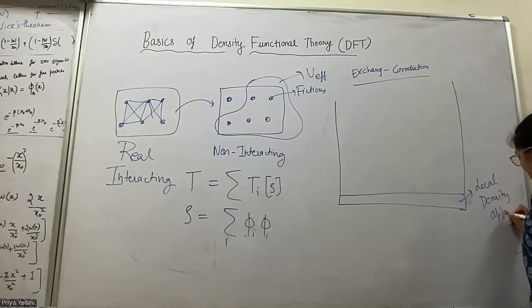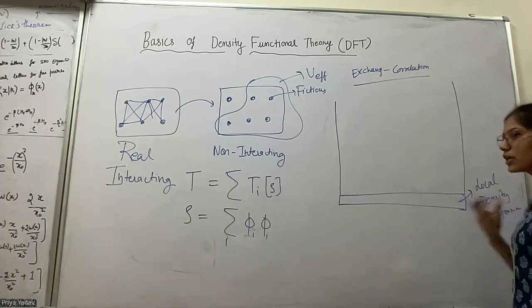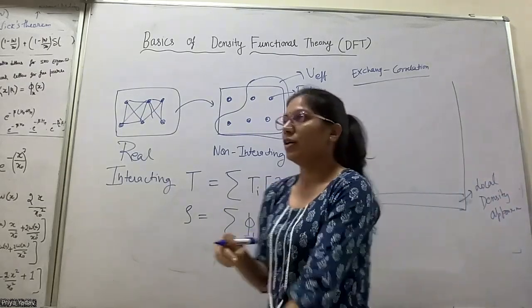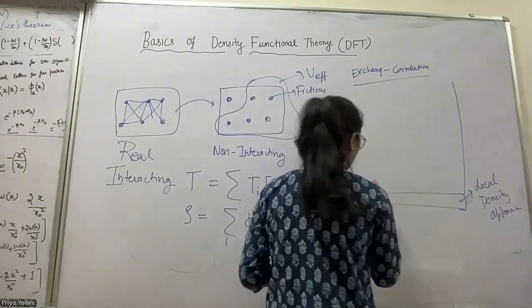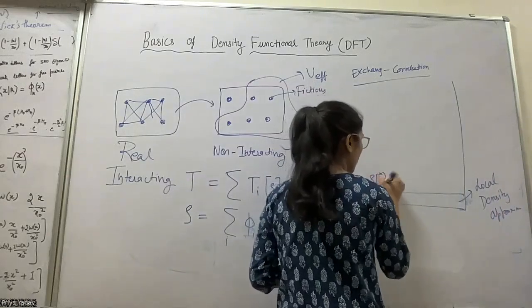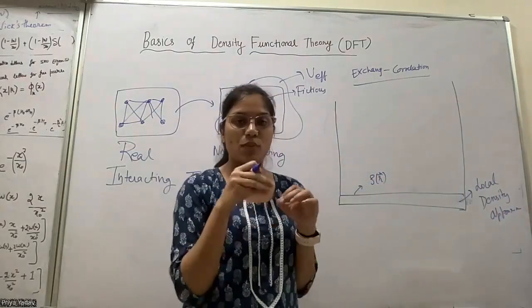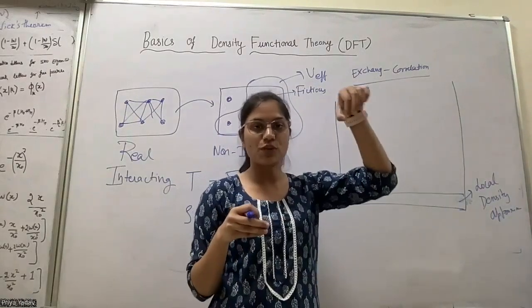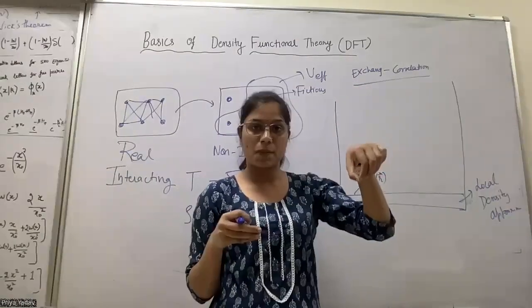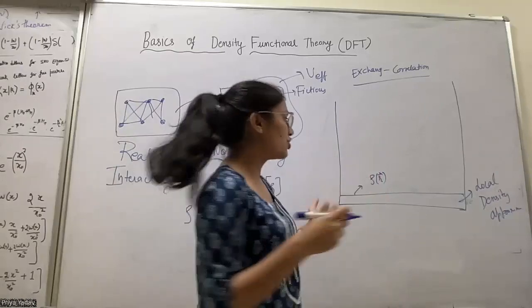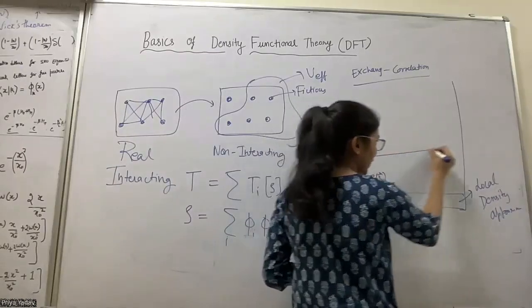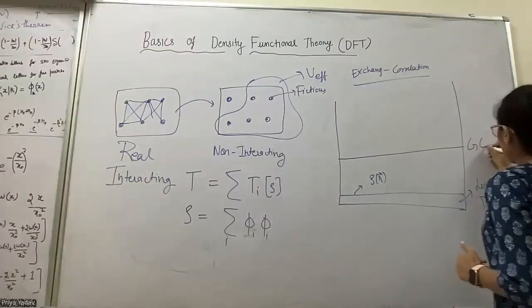The local density approximation is basically like a homogeneous electron gas, that at every position you are just taking the electron density.